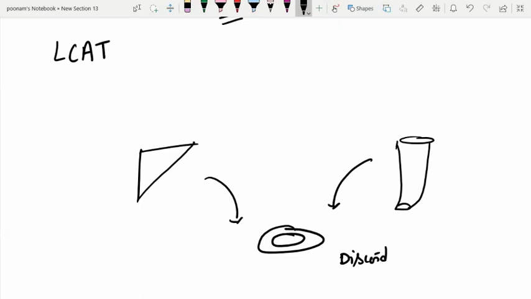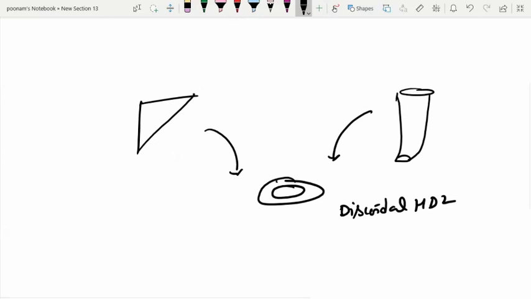This discoidal HDL has a shell made up of abundant phospholipid and some free cholesterol, that is, unesterified cholesterol.